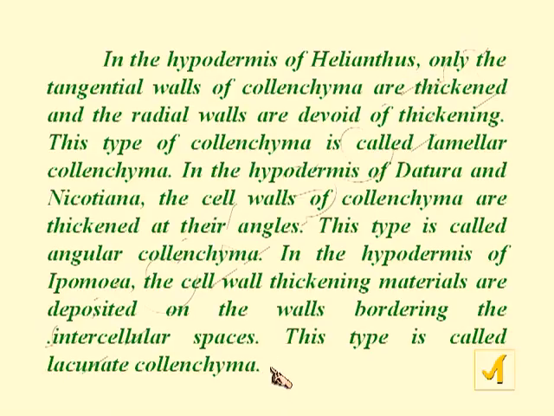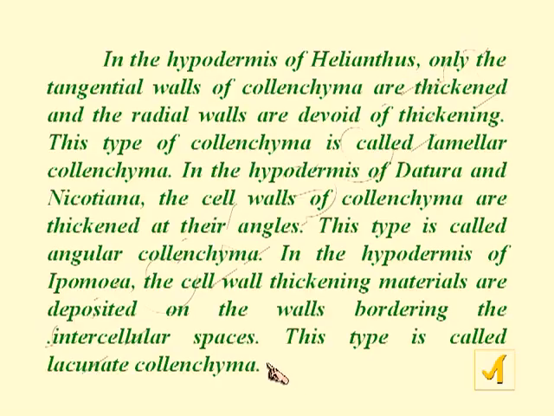So depending upon the thickening material of the cell wall, the collenchyma cells are divided into three types. One is the lamellar. In lamellar collenchyma, only the tangential walls are thickened and the radial walls are devoid of thickening. This type is known as lamellar collenchyma.